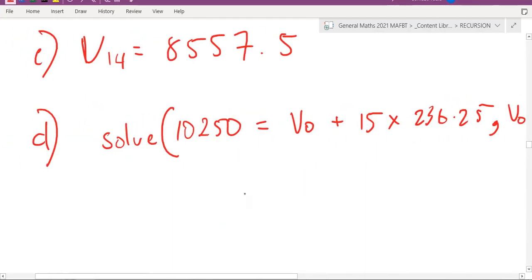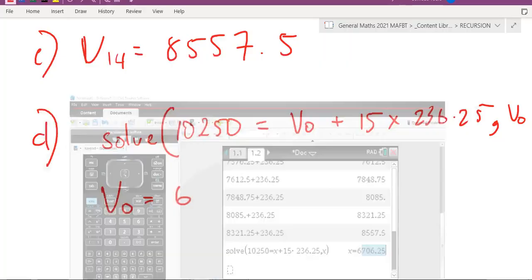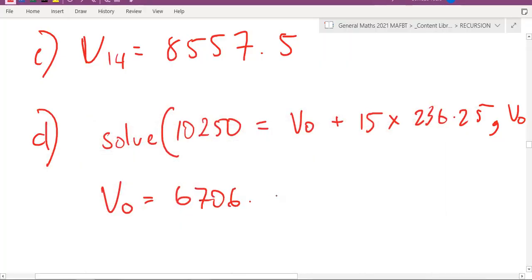So in order for her to make interest, I'll write V0 needs to be $6,706.25. So she has to invest this much money.